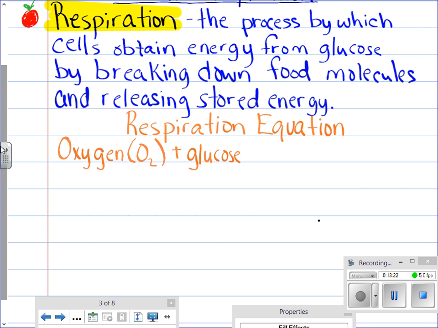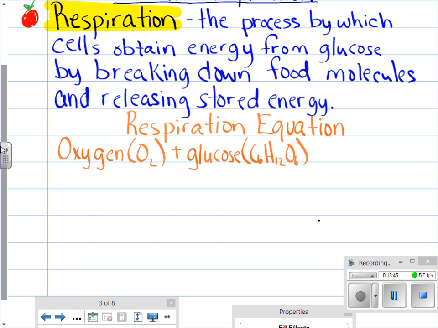Good. And we breathe and take in those things, because we eat, and that's how we get our glucose. And we have to breathe, and that's how we get our oxygen.